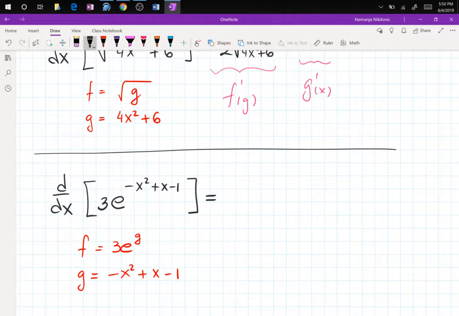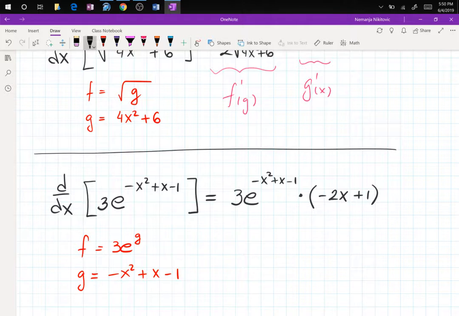So what is the derivative of 3e to the g? It's 3e to the g. So you copy everything as is, and then you multiply that by the derivative of g, which is 2x plus 1. Yes.